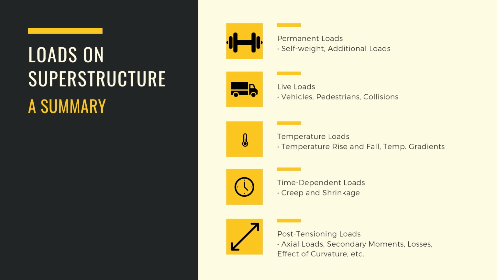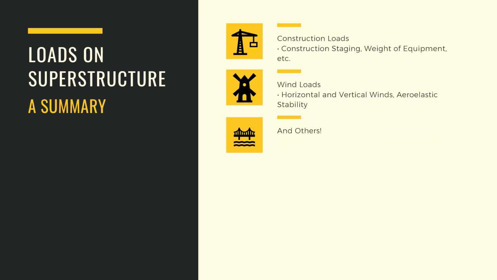And we also have the post-tensioning loads, which include the axial loads, secondary moments, losses, the effects of curvature, and others. It is also of most importance to consider construction loads, such as the construction staging loads, the weight of equipment, and others. Wind loads are also present, and there may be other loads that are applicable to your project.